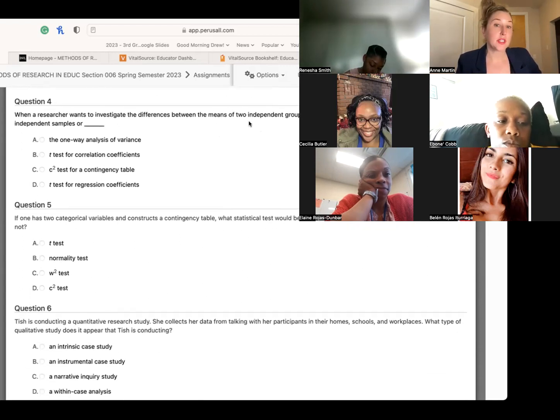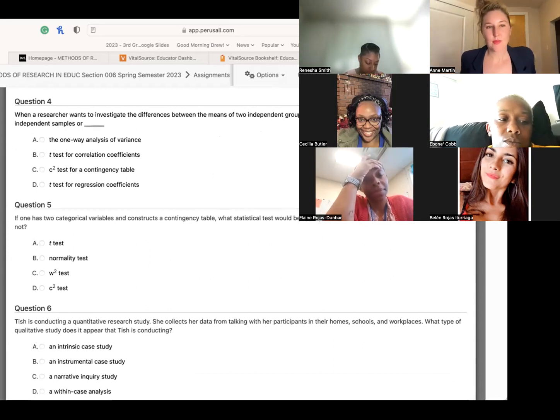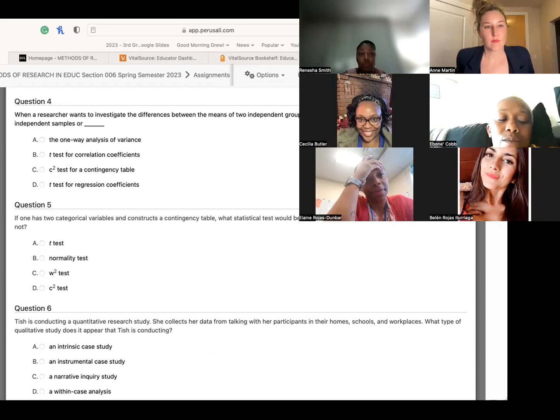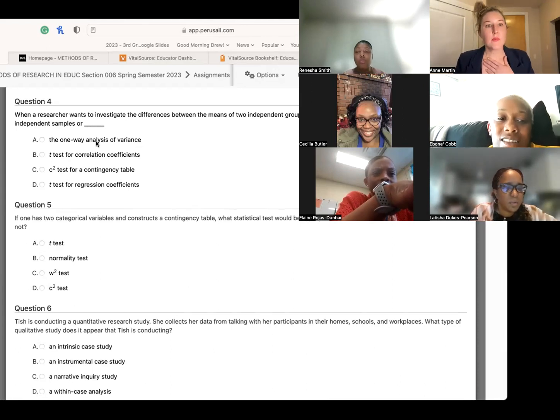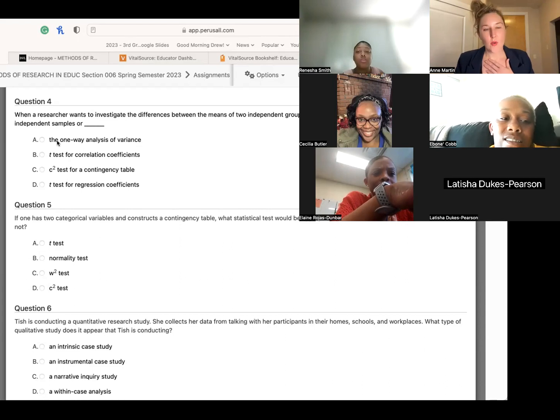Okay, so difference between two means. This would be a t-test, and then the other option, since it's two, could be, you're used to seeing it as an acronym, but this is spelled out. I want to say A. You're used to seeing it as ANOVA. Yes, but ANOVA stands for one-way analysis of variance.